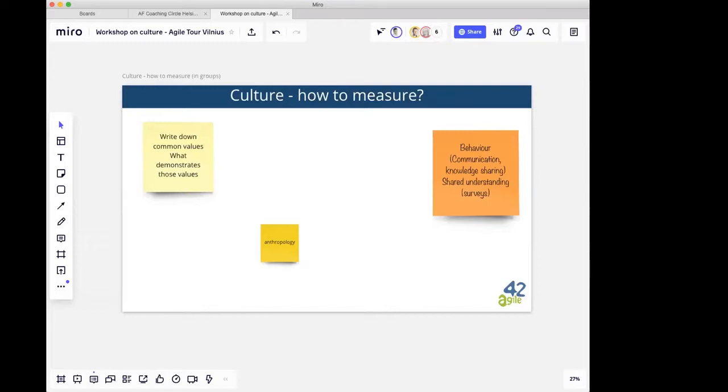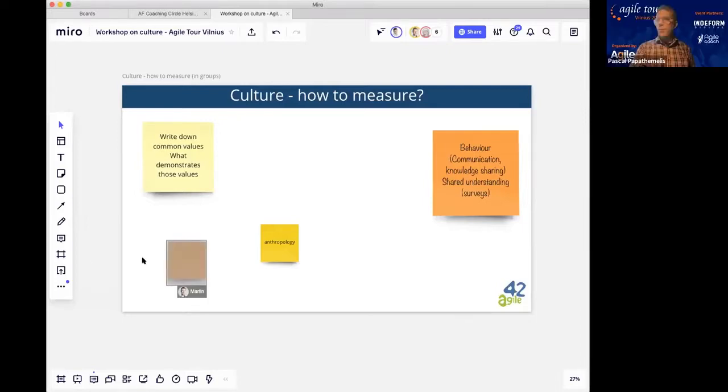We discussed that you can see how people are behaving in certain situations, and the word we came up with is anthropology. You observe how people behave in certain situations in the company in general. So you kind of see it. Thank you. Good points.